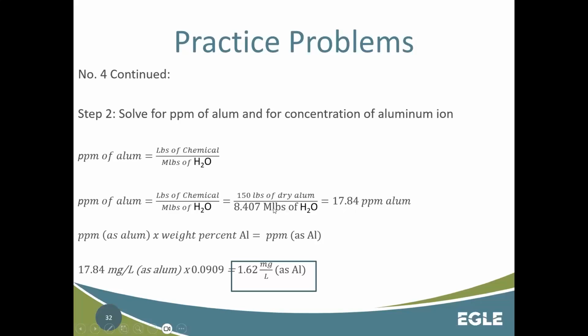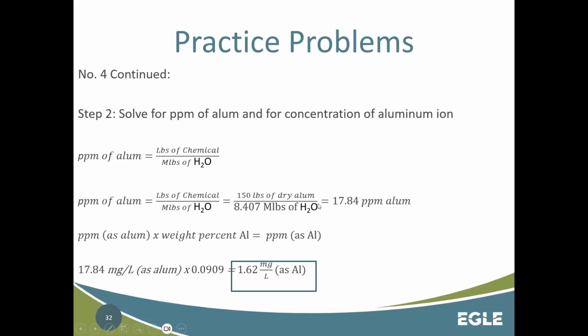And again, we already converted this to millions of pounds, and so the pounds cancel each other out, and then we end up in ppm because this is actually millions of pounds. It's this capital M that designates it.